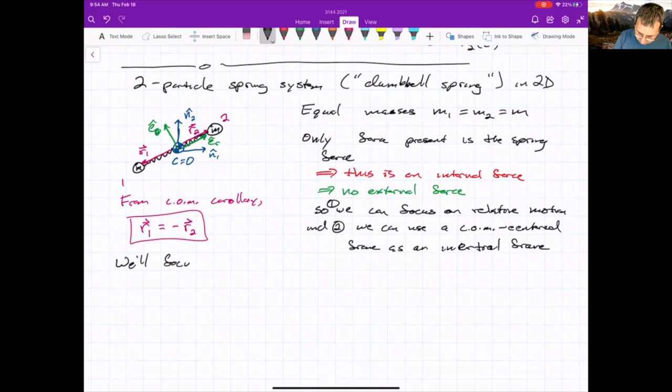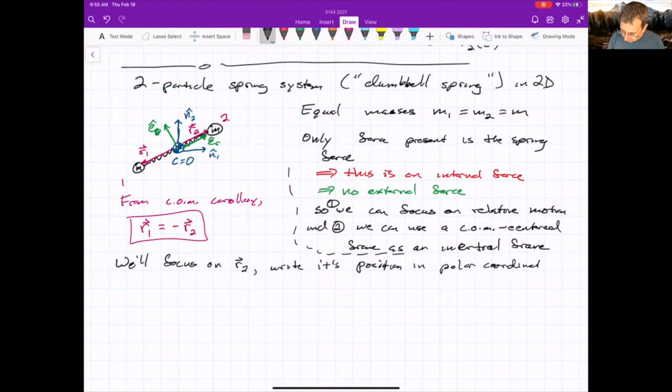So we'll focus on R2 and write its position in polar coordinates, which means not only the coordinates r and theta, but along with it, there's a polar coordinate frame, this green frame. So what happens here? R2 is r, whatever that distance is, times the E_r direction.